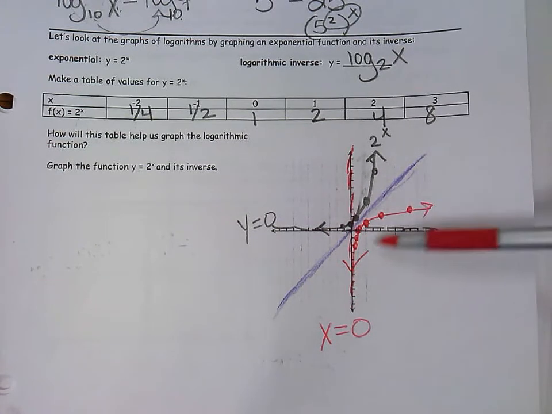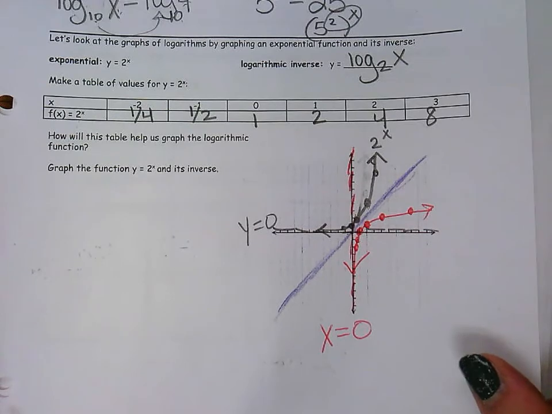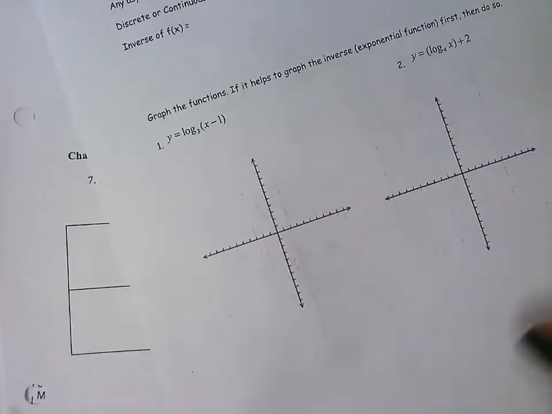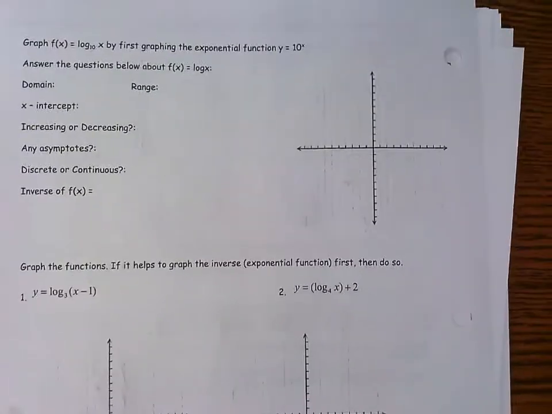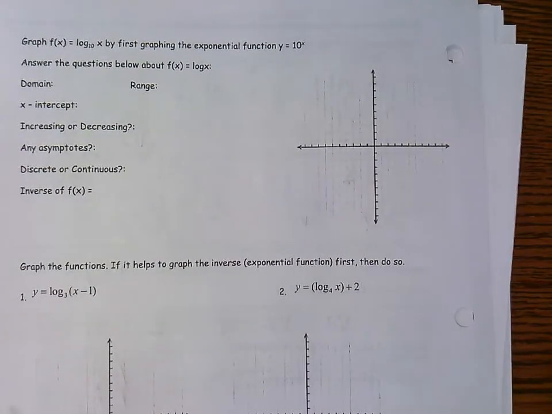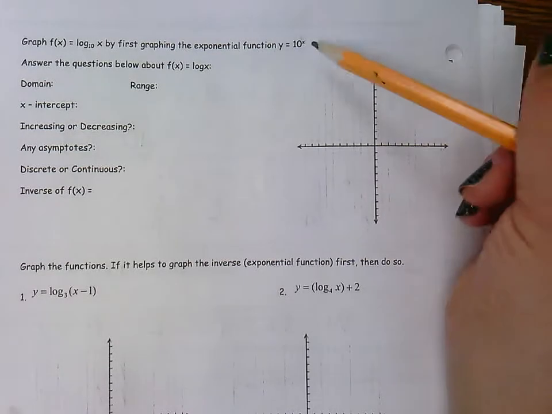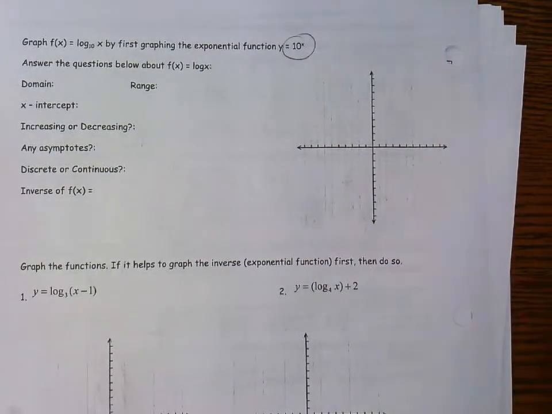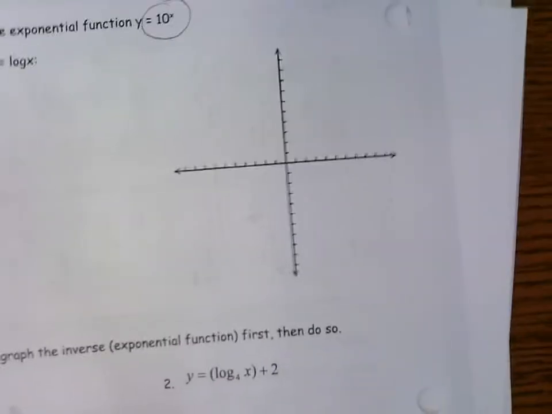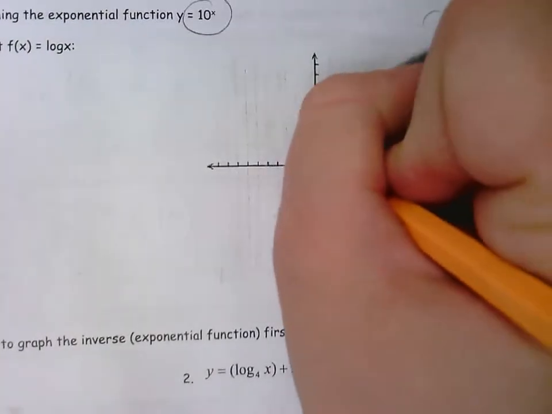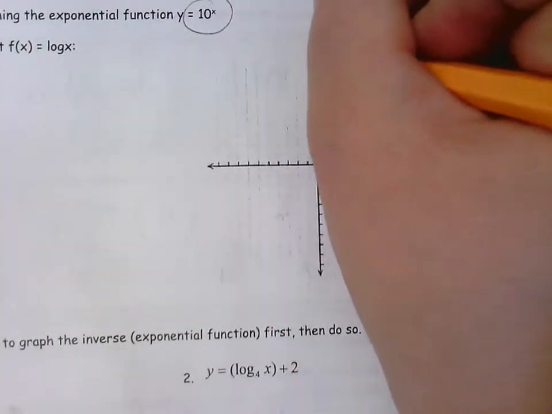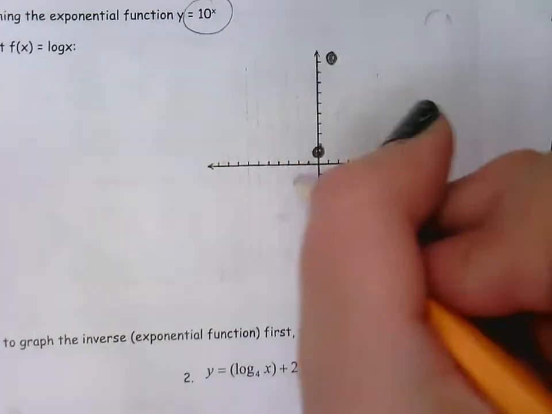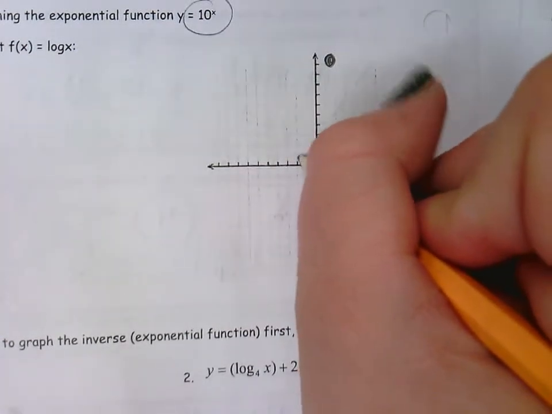Right? So if you change the base, can I move it to the other page? So we just have 3 graphs left and then we're done. This one just says, hey, let's graph log base 10 by first thinking about 10 to the x. What are the 3 key points on 10 to the x? 0, 1, 1, 10, it's really steep, and then -1, 1/10.